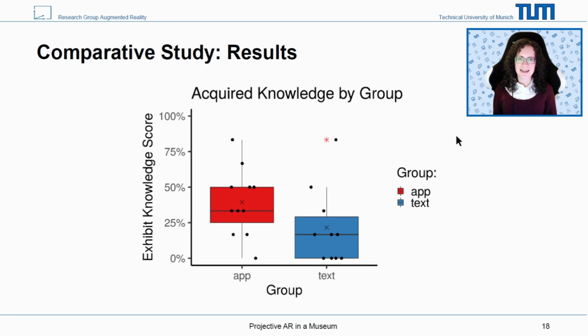Sadly, the resulting p-value of 7.8% is quite low, but not statistically significant, using a 5% threshold. However, visually, the effect of our application on learning is noticeable. Also, computing a standard effect size suggests a medium effect, and applying the bootstrap method results in a statistically significant p-value of 4.5%.